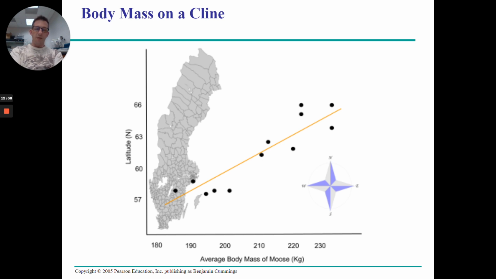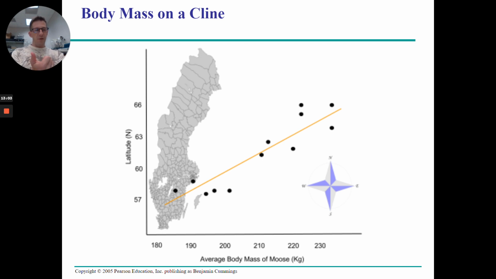So the bigger the moose, the less energy is going to flow out of the moose. And when you live at higher latitudes, more north, you want less energy to flow out of you because you want to conserve it, to keep that energy inside of you to warm you up. So it's a multitude of things when you see an increase of body mass on a cline as well. Kind of an interesting take on it.